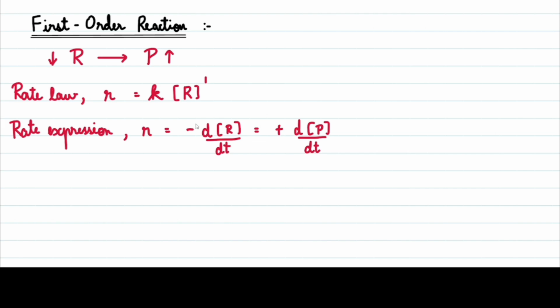Okay, children, as both are rate, the rate law and also the rate expression, let's consider this one to be the first equation and this the second equation. As both are rate, we are going to equate both equations.